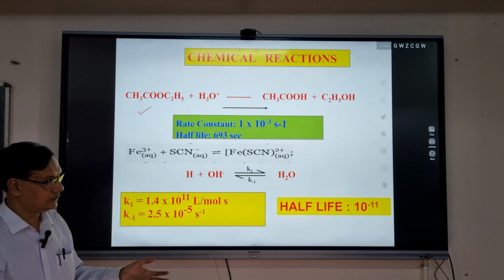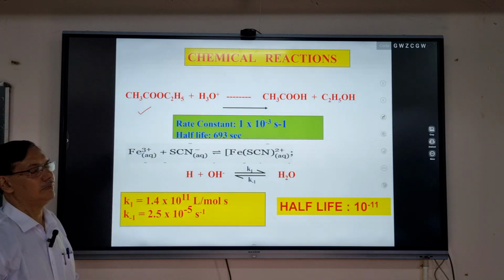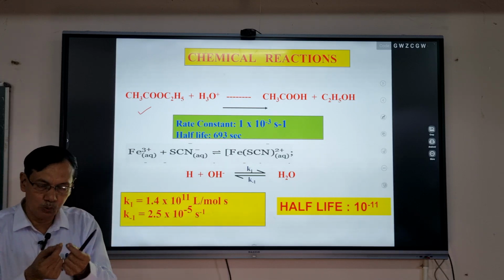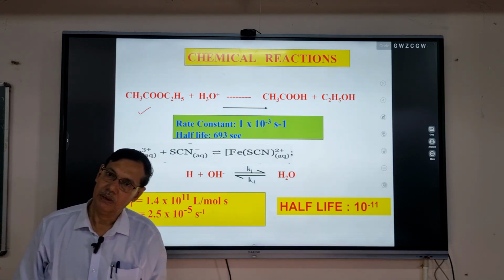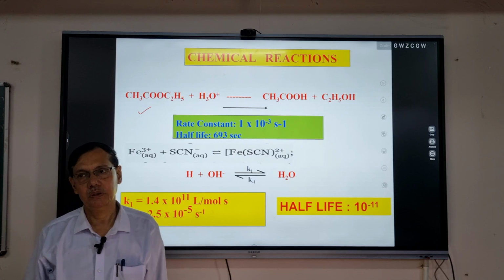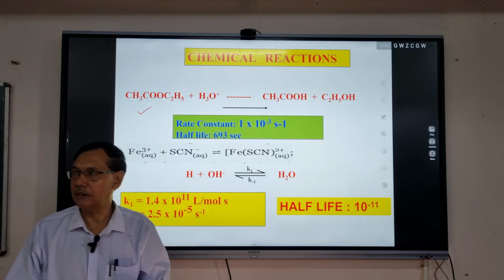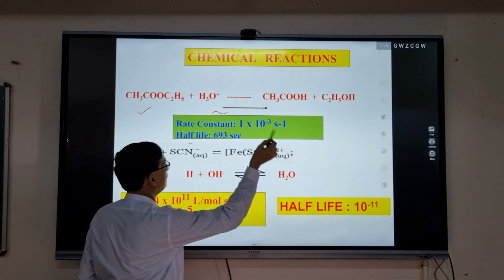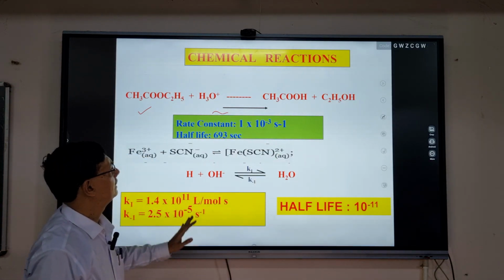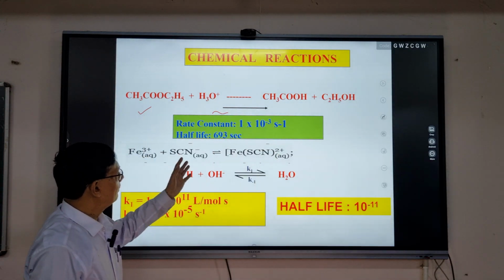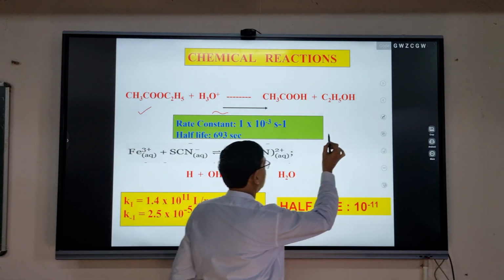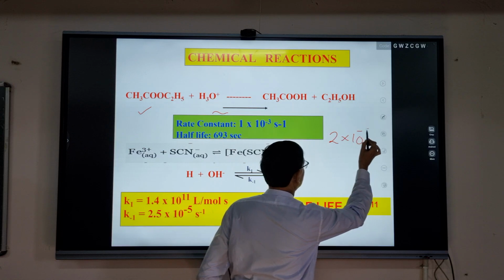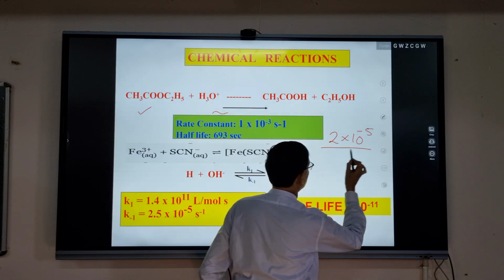During your B.Sc or M.Sc you have performed this experiment, because we need only a simple burette and pipette, and without any problem you can determine the rate constant. It is an approximate value. At room temperature or at any temperature, we get 1 into 10 to the power minus 3 or like 2 into 10 to the power minus 5, like that. It depends upon the temperature also.